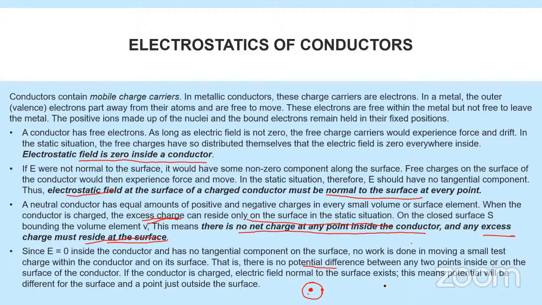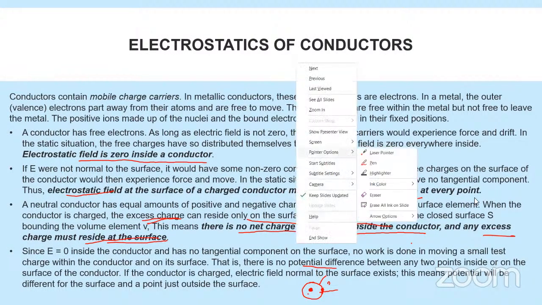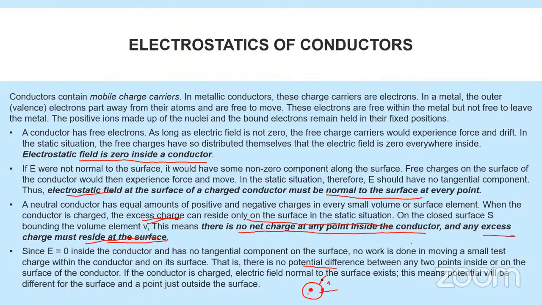Okay, so this means that if the conductor is charged, an electric field normal to the surface is going to exist. So the mean potential will be different for the surface and a point outside the surface. The potential over here on the surface is going to be different from any point that is outside. Suppose we are considering an equipotential surface over here, and this is a point.